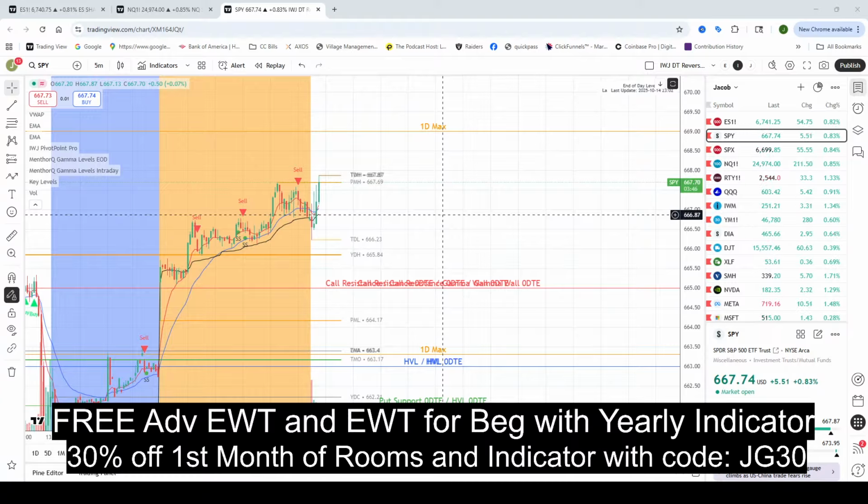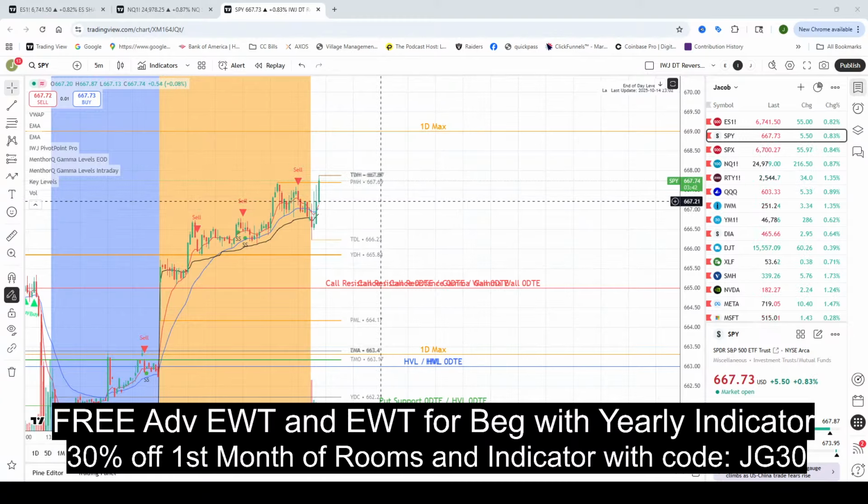ES is through its pre-market high. NASDAQ not there yet, and that's why we're not getting a buy signal. NASDAQ is lagging, and it's a little bit of a warning.